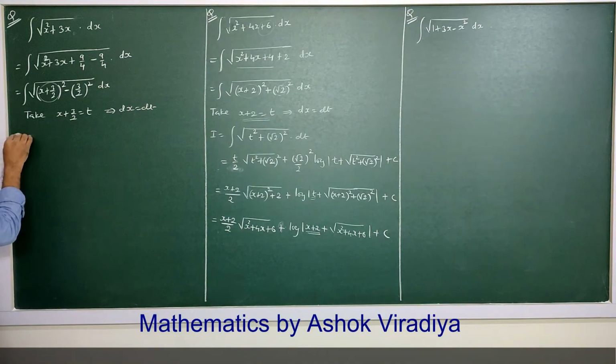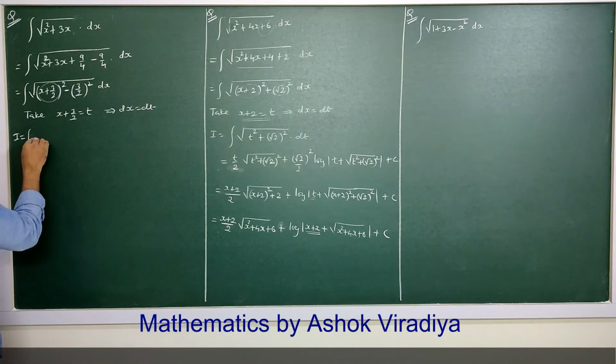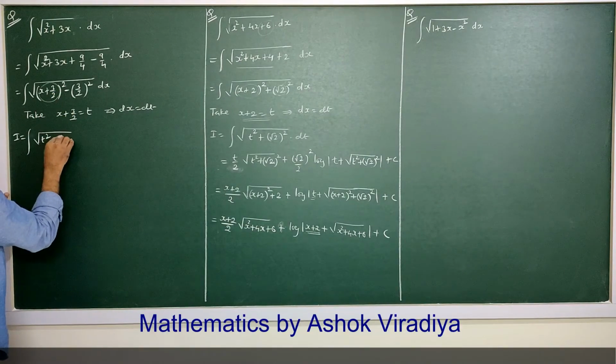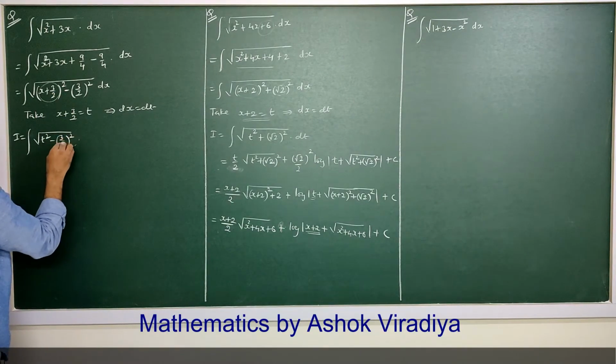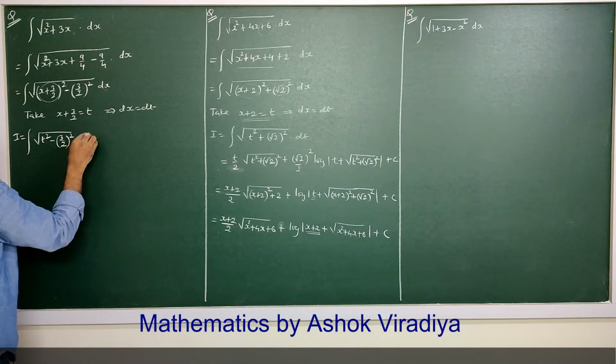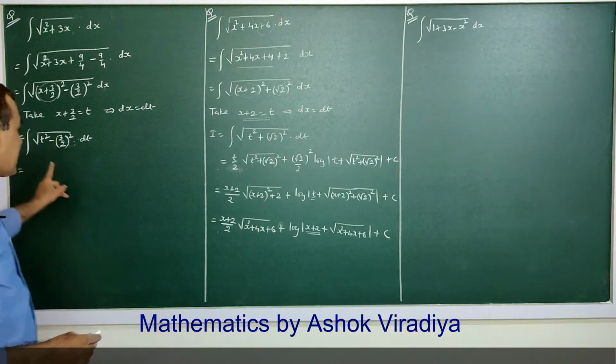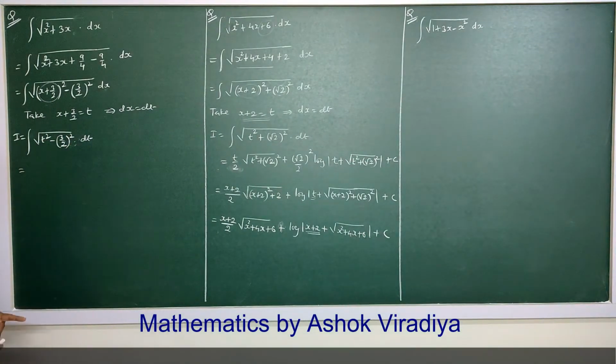So the integral is, putting here t square minus (3 by 2) square, and dx is dt. So it is root x square minus a square.